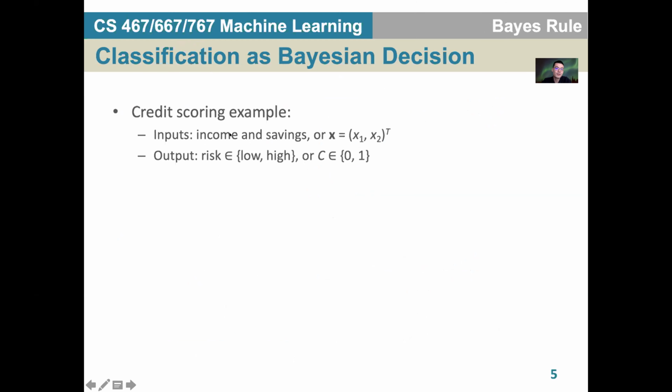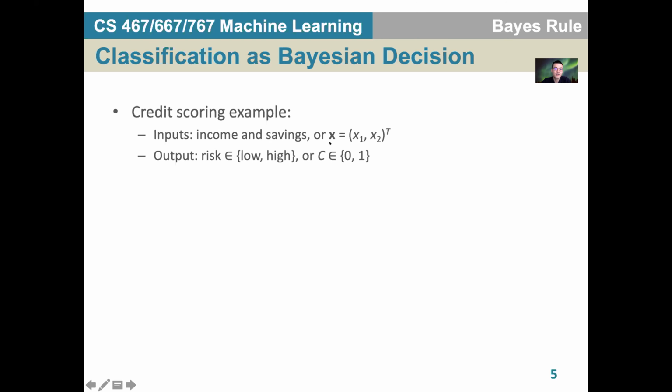Basically, if you have income and you have savings, then people can say, hey, whether I should approve the credit card for you or not. Of course, if you are categorized as low risk, which is 0, then I can approve the credit card application. If it's 1, then I cannot approve the credit card, so you need to get more credit.